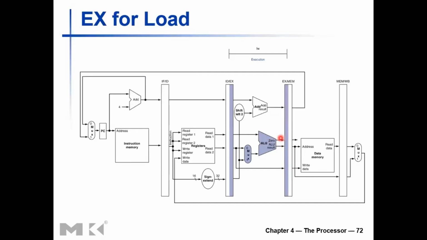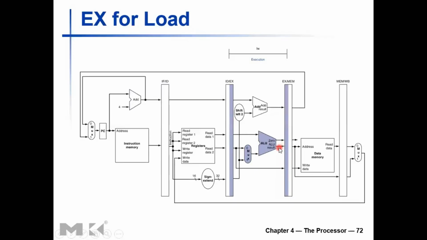The 0 result, we are not caring about that because this is not a branch instruction. For a load word instruction, we need the ALU result, which is the memory address that we are going to read from. And the control signals that go into the ALU should have been sent through the pipeline register.